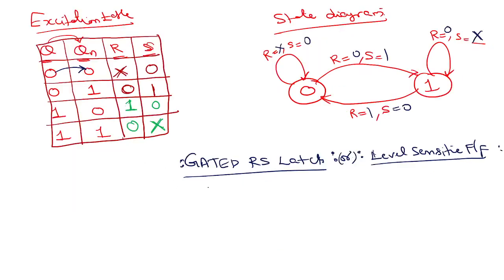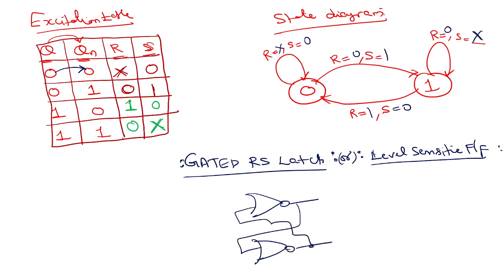So to bring in synchronous behavior, what they do is you have a basic RS latch as it is, with Q and Q bar. Instead of connecting R and S directly, I will put an AND gate.